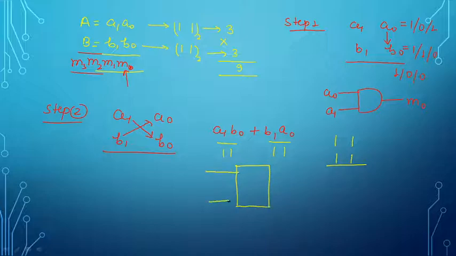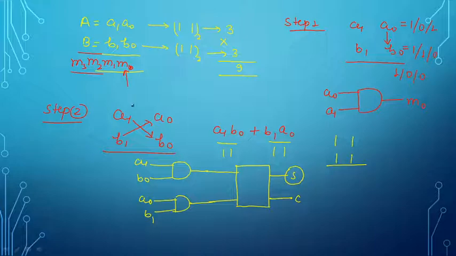The inputs of the half adder are the outputs of the AND gates, in which the first 2-input AND gate has inputs A1 B0 and the second AND gate has inputs A0 B1, and we get sum and carry. The sum will be the second bit of the result, M1, and keep the carry for the next step.